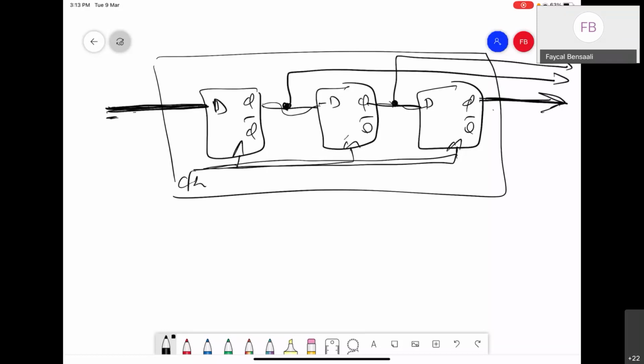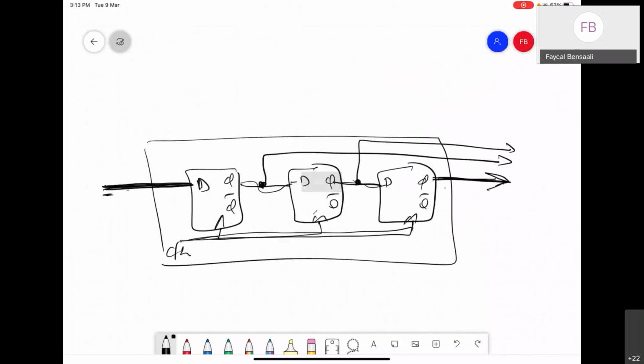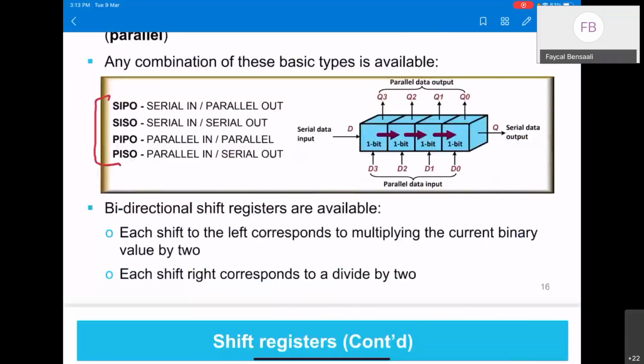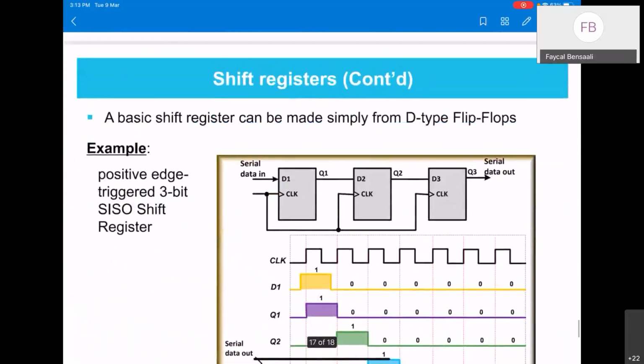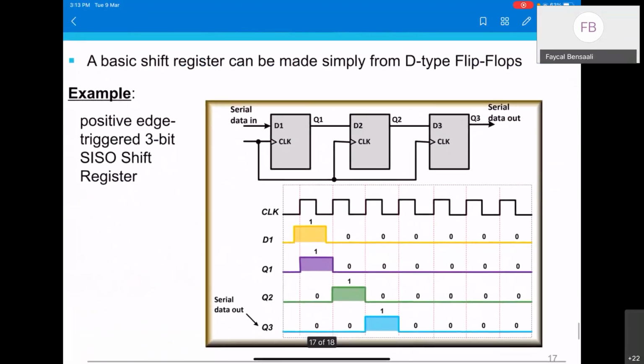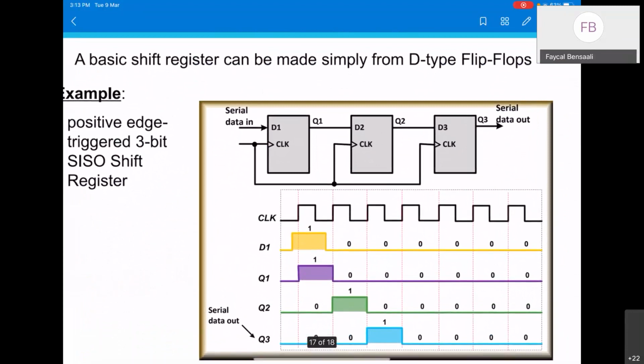Serial in means one line. Parallel in means multiple lines. So I'll give you 2 examples, and I will show you how we get the waveforms, and then you will see what we mean by shift. This is a serial in, serial out shift register, a 3-bit shift register.